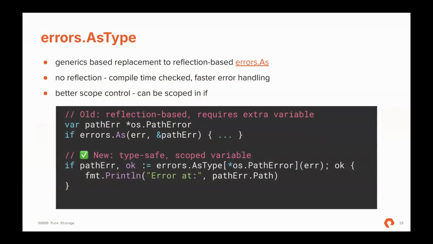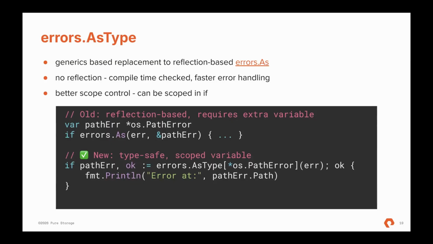This function was not generic, so it accepted an interface. So there was a potential problem that you could put basically anything, nil or something completely different. So it could lead to problems. You were also not able to scope this to, let's say, this if, so it leaked the name inside the function.